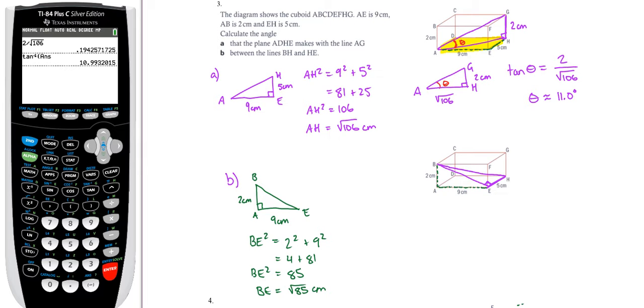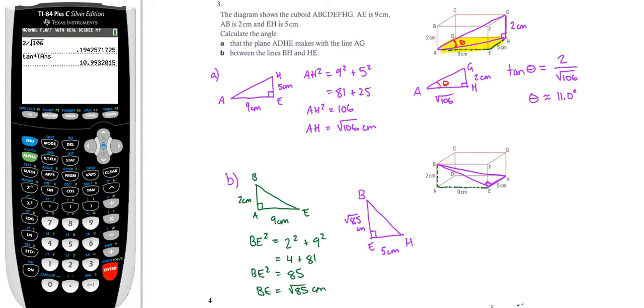Now that I know BE, I can go back to my original triangle. So I'm just going to reorient it a little bit. So I have B, I come down to E, and I go across to H. And there's a right angle at BE. EH is 5 centimeters, and BE is root 85 centimeters.